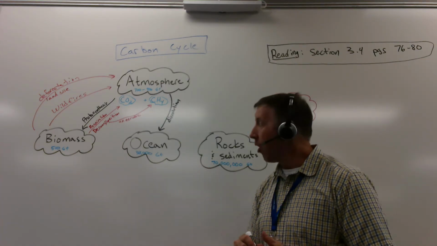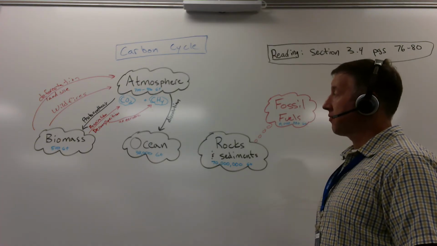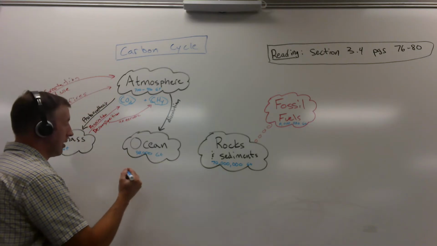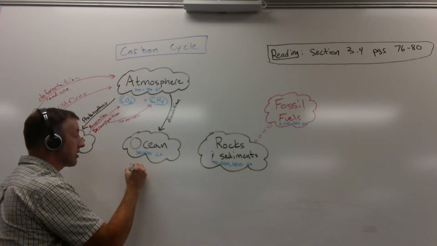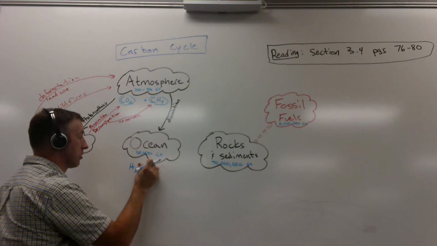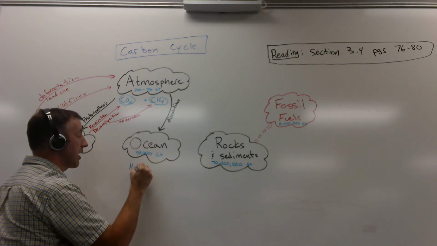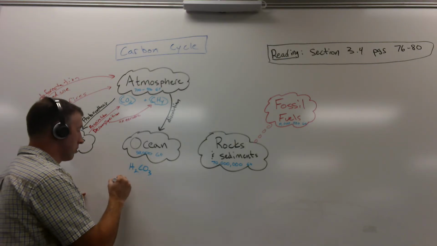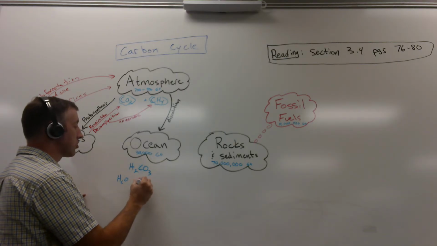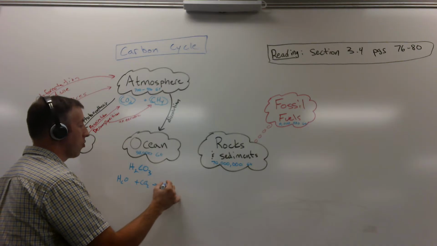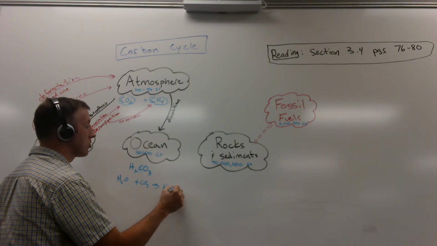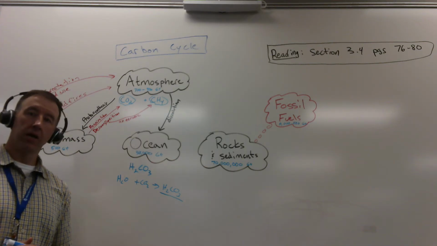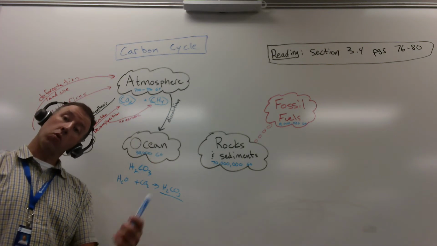Now, one of the forms carbon dioxide can take when it's in the ocean is carbonic acid. That's one of those forms of carbon I told you guys I wanted you to be aware of. Essentially, we have H2O, we add some CO2 to that, and we can form a compound called H2CO3. That is the carbonic acid molecule. So dissolving CO2 into water makes the water a little bit more acidic.